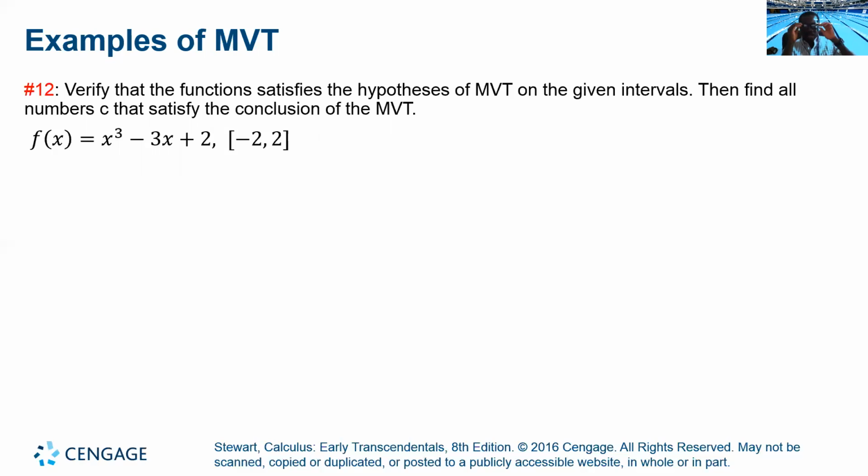Similar to the Rolle's theorem that we talked about. So what is the hypothesis? The first one says that it is continuous on the closed interval. Now, we know that f is continuous. It's a polynomial.